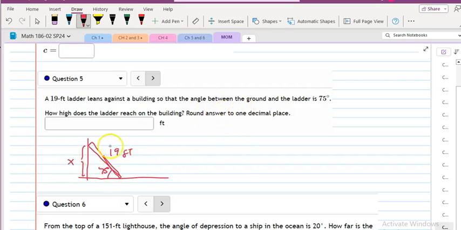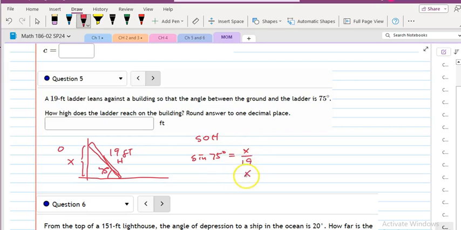So let's look at one side. This is the hypotenuse. This is the opposite. And I have an angle of 75. So 75, O and H is sine, right? So we say sine 75 is equal to O over H, which is 19.